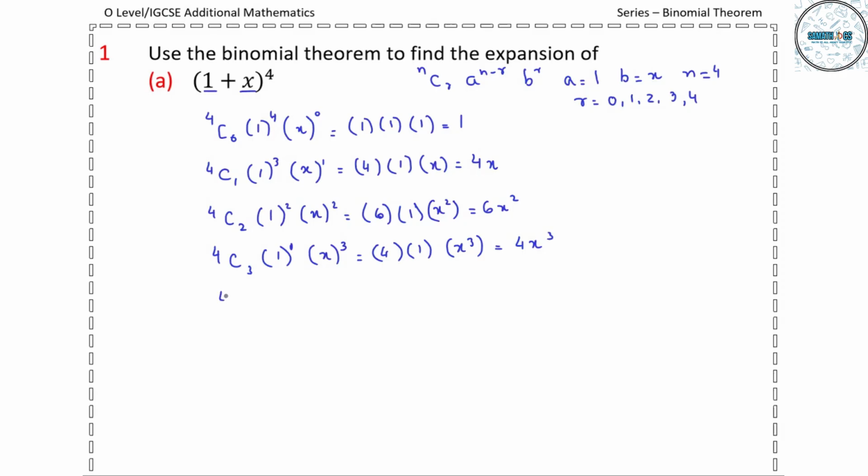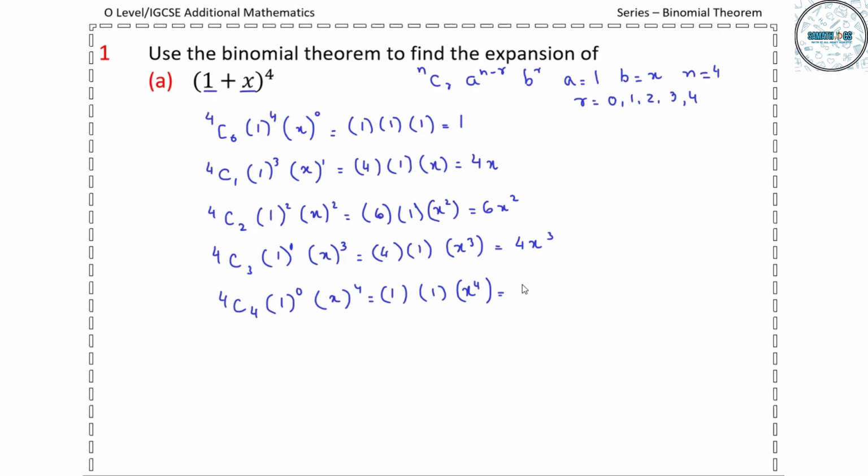Fifth term and the last term is 4C4, 1 power 0, x power 4. So 4C4 is 1, 1 power 0 is 1, x power 4 is x power 4.